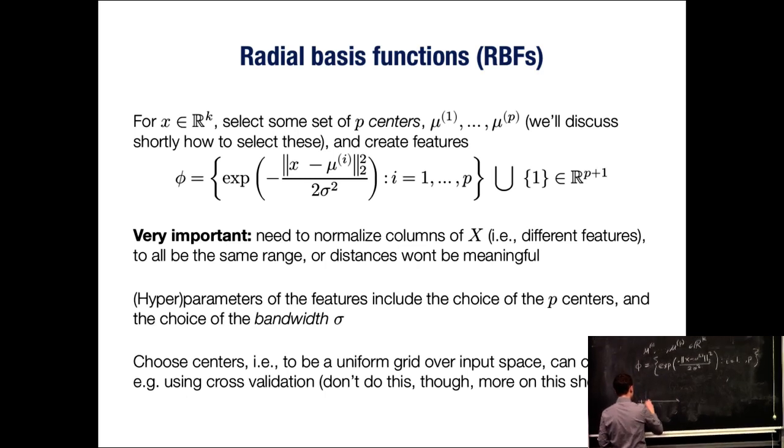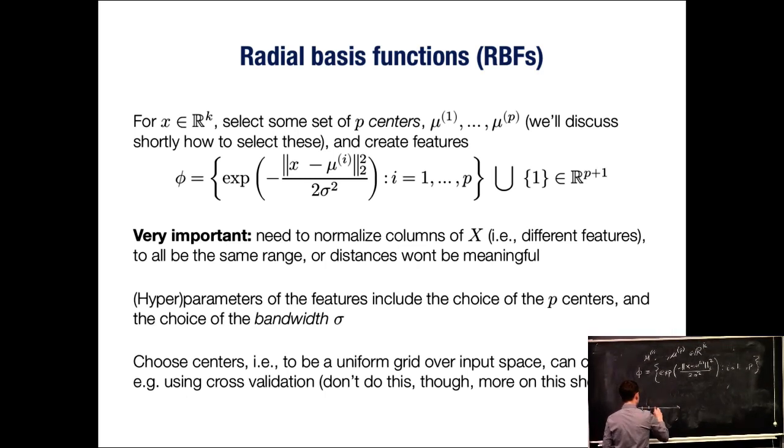So I have mu1 here, mu2 here, and mu3, say. And I'm not specifying how I pick these yet, nor how I pick sigma. I've left that up to choice for now.